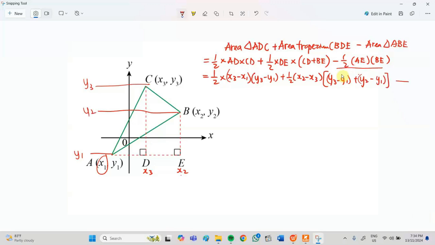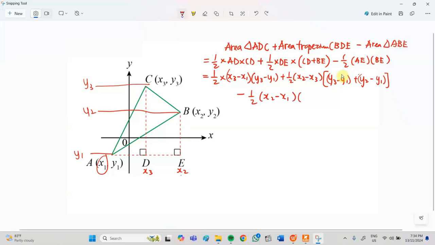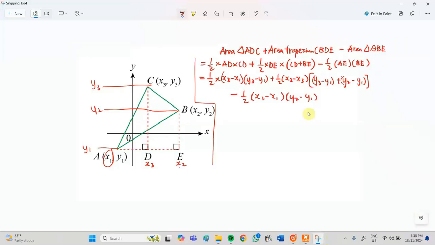Since I don't have enough space here, I'll write at the next row: 1 over 2 AE. From A to E, it will be x2 minus x1. BE, again, will be y2 minus y1. Since 1 over 2 appears for all the terms here, we can factorize it.